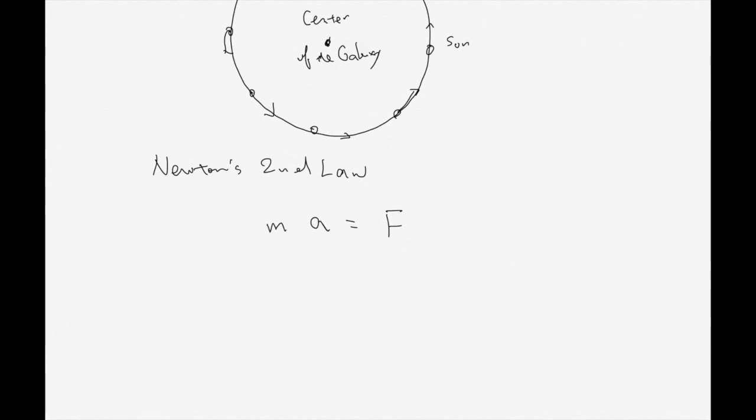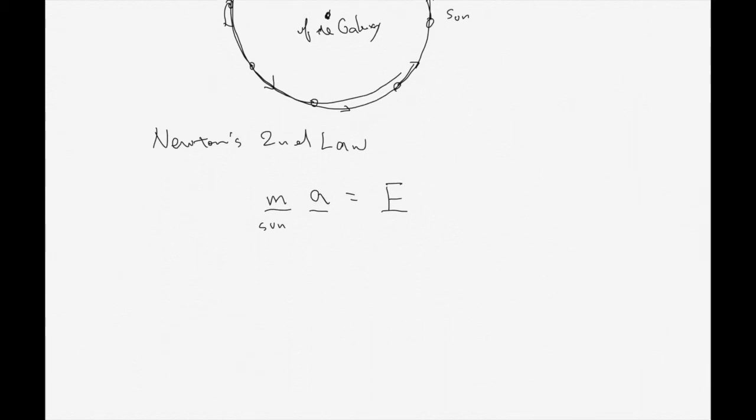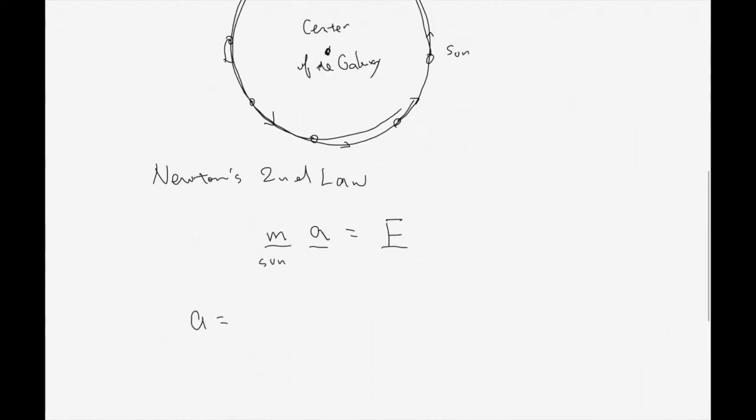So the mass of the object, in this case the mass of the Sun, the acceleration of the Sun, and the force acting on the Sun. In the case of circular motion with radius r, acceleration is easily defined: it is given by the square of the speed over r, the distance from the center.